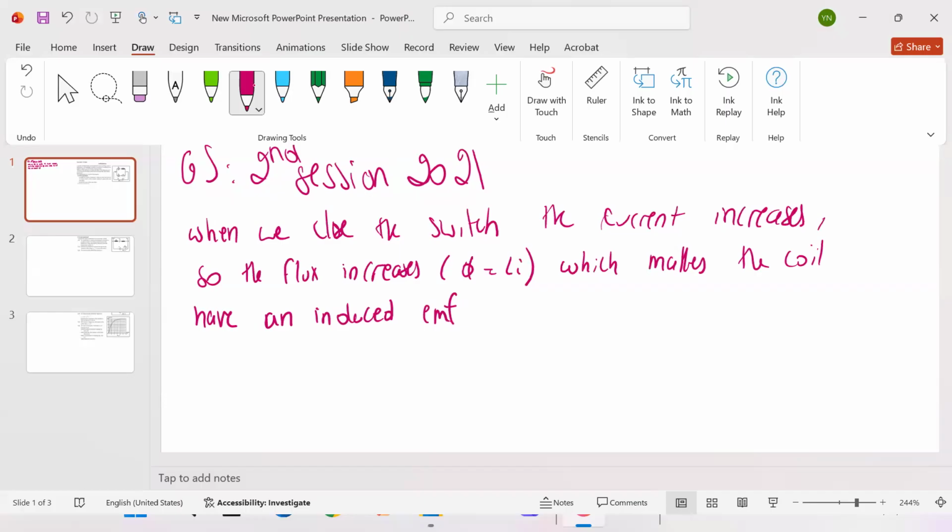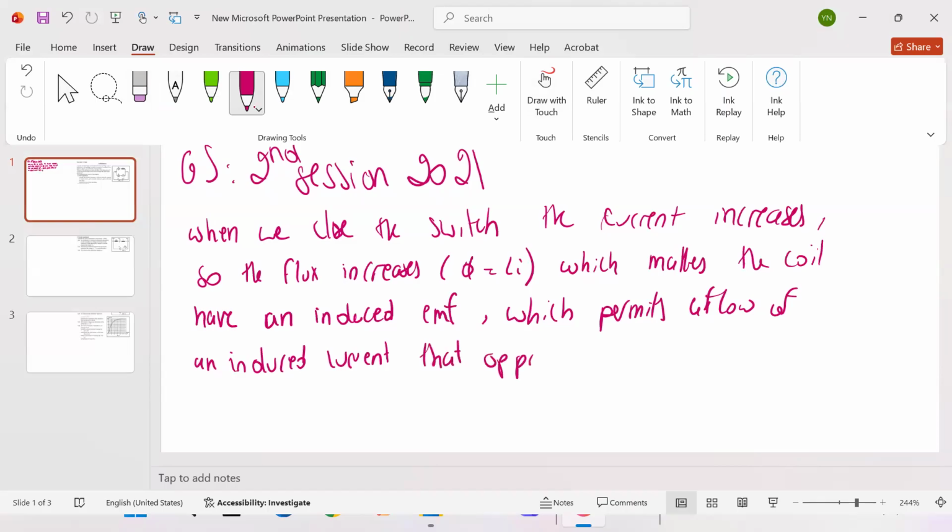And if the circuit is closed, then this EMF permits a flow of an induced current that opposes the change or the increase of the original current.